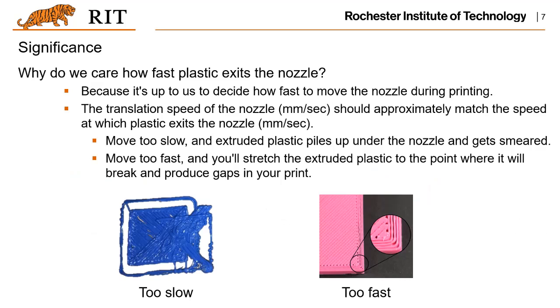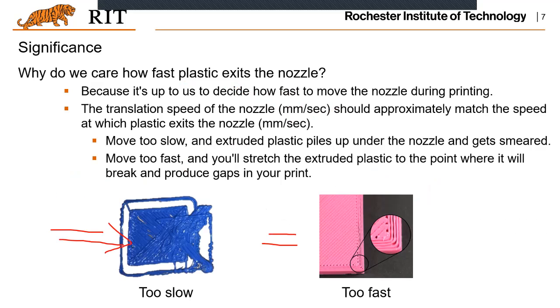So you might ask why we want to match the plastic exiting speed with the nozzle linear motion speed over the platform. So here is the reason. Because if they are not matched, you will have this kind of case or this kind of case.